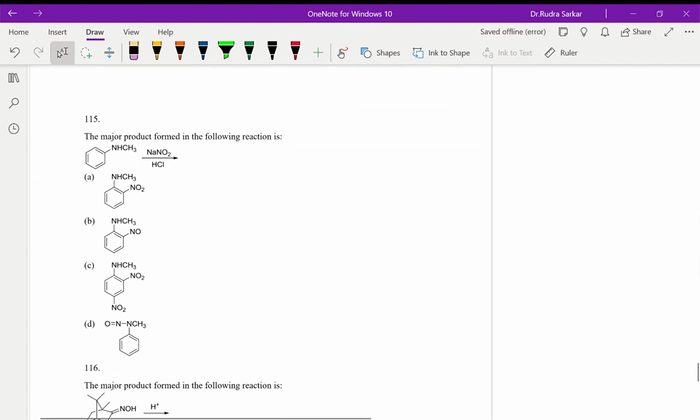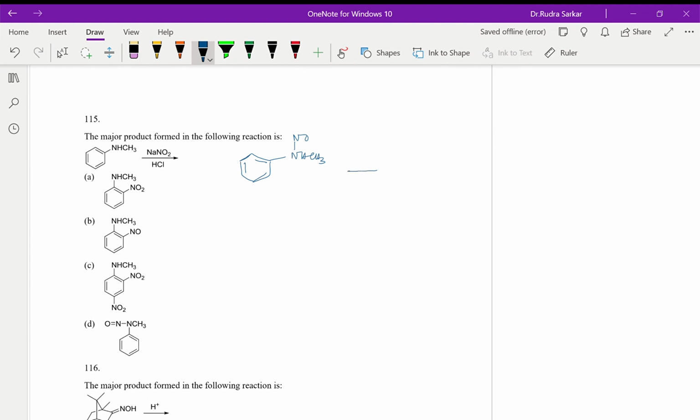In the next question, we have been asked what should be the major product in this reaction. Over here, this leads to the formation of N-methyl-N-nitrosoaniline, NHCH3NO. This intermediate is formed.